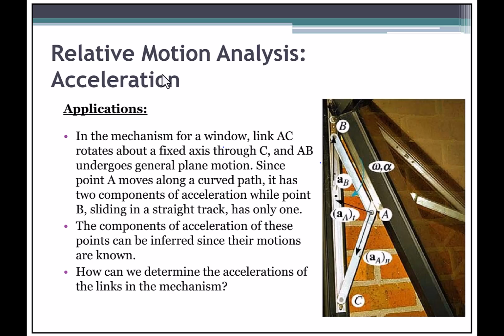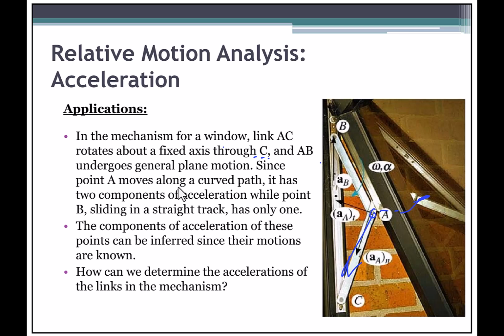So we looked at velocities, and let's look at the angular acceleration and its relation to the linear acceleration. In the mechanism of this window, for example, which opens and closes, the link AC rotates about a fixed axis through C, and AB undergoes general plane motion, which we studied.